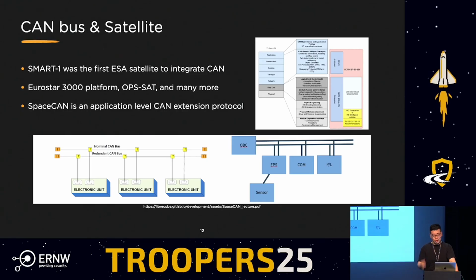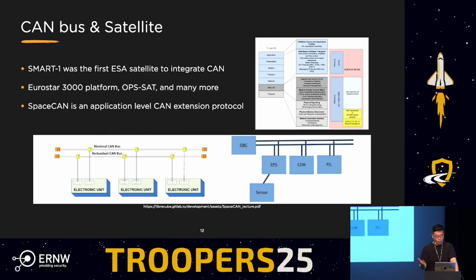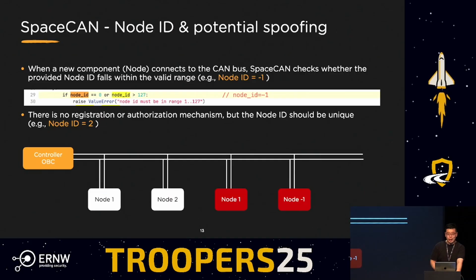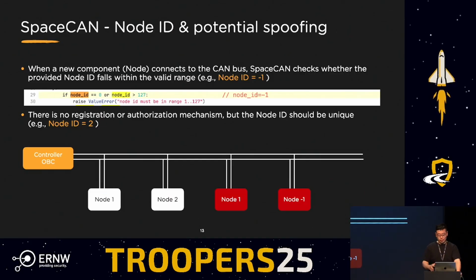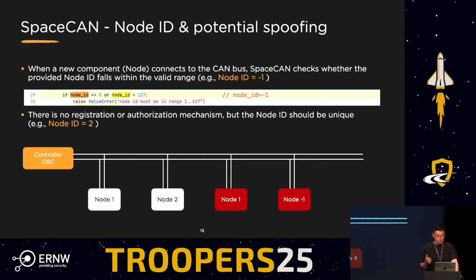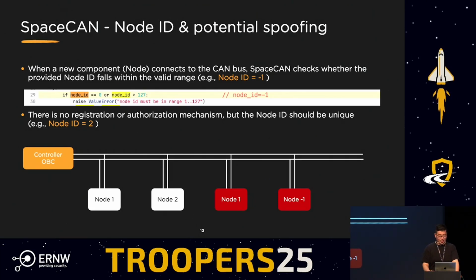So it should be a kind of layer 3 application protocol or something. When I tried to review the code of SpaceCan, I found the security design of this protocol is not so good, I would say.